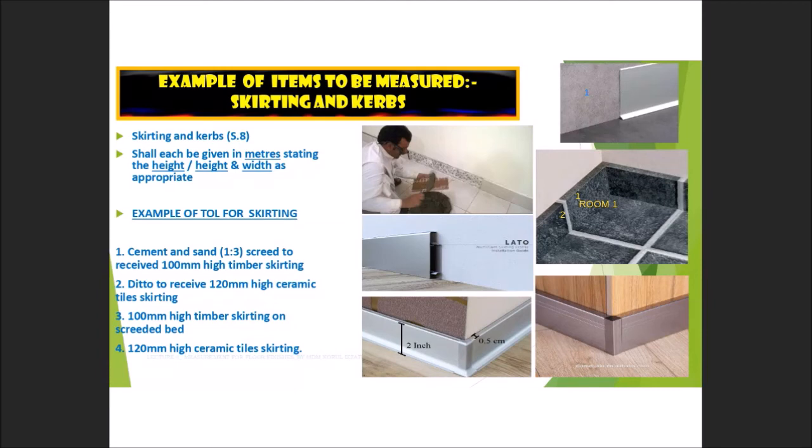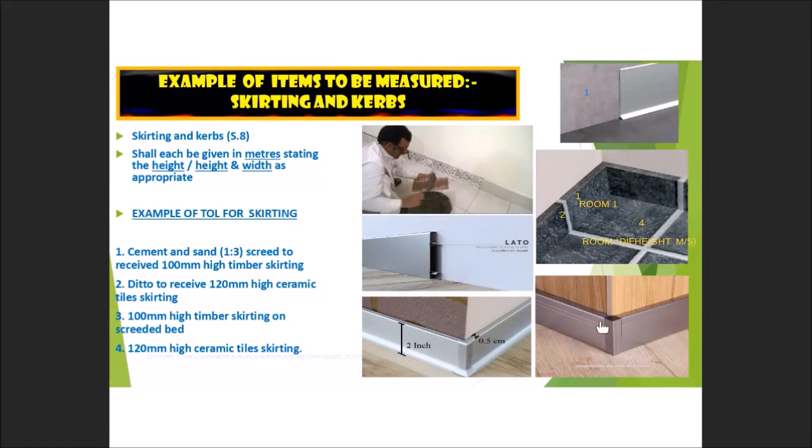So I put here measure separately. When you have similar material but the height for the skirting is different, now from 2 items, you should have another 2 items. So there are 4 items to be measured. Either in the screeding or in the actual tile itself, you have to measure separately. Okay, so this is the second example.